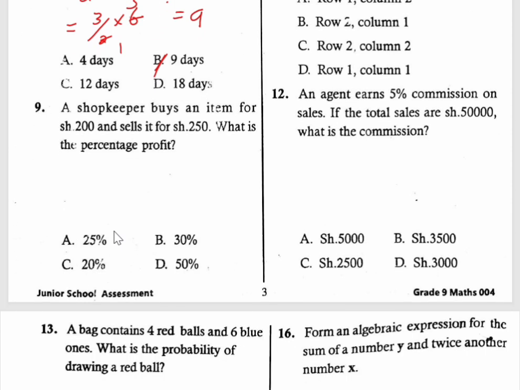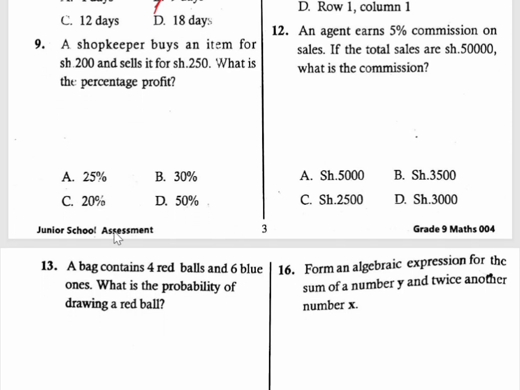Number 9, a shopkeeper buys an item for 200 shillings and sells it for 250 shillings. What is the percentage profit?